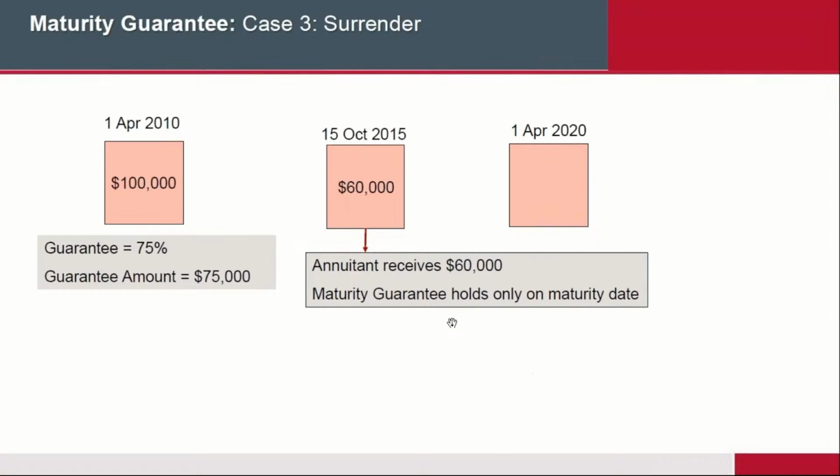In other words, the only time you get the guarantee is on the maturity date, period. So if you cashed it in before that, you get whatever the value is that particular day, and that's it. So in this example, it's $60,000. That's what you get, and that's it. So the maturity guarantee has to be strictly at the maturity date. In other words, 10 years from the date of deposit. That's all you have to remember. Anything less than that, you're just going to get the market value.